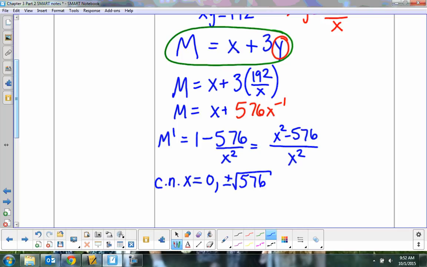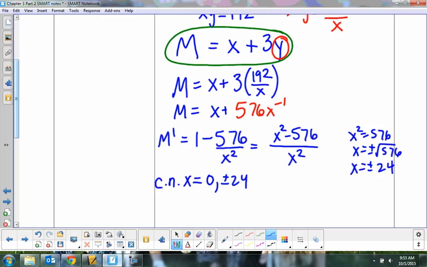How to say square root? 24! Yeah, that is. Okay. So that's where we got that from. All right, but within my feasible domain, do I have to check all of these?